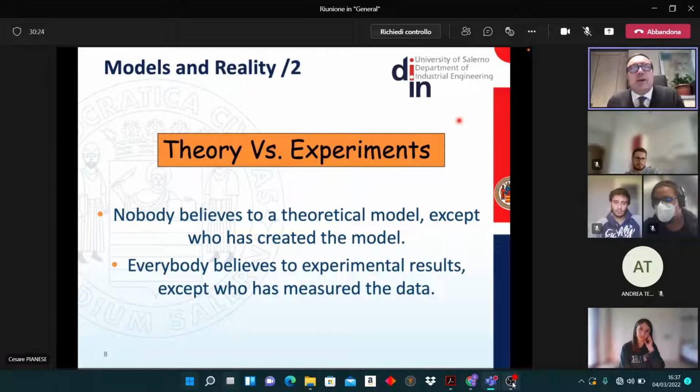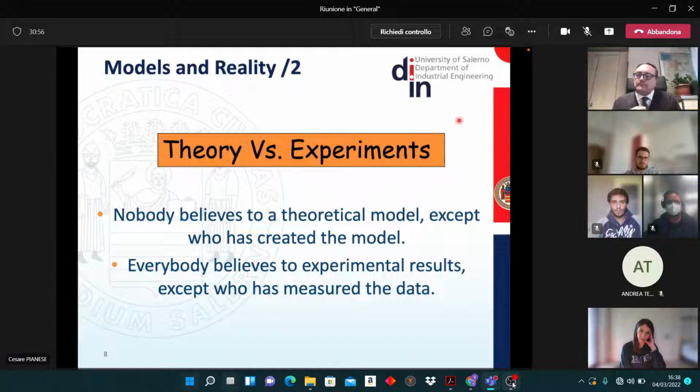When you do experiments, you will be the only one who will not be confident in the experiment, because you know the limitations of your experiments. But for the others, mostly modelers, they trust your experiments absolutely. If you are engaged in both modeling and experimental activity, this is the truth.